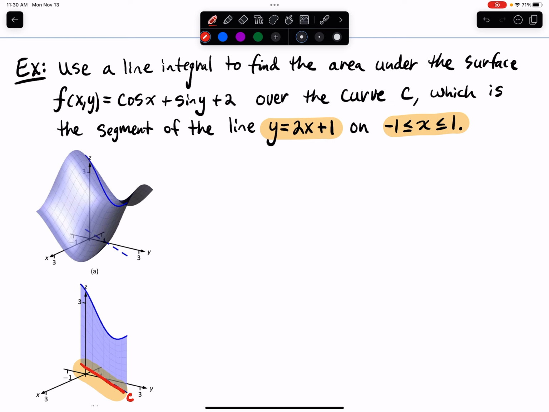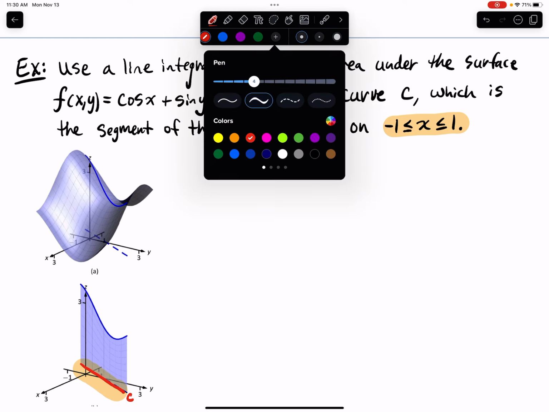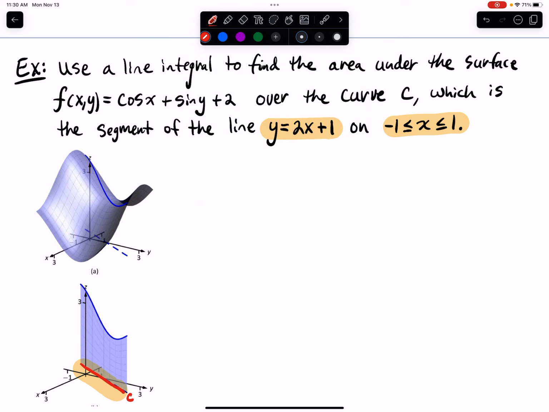So, how are we going to do this? Think back to what our formula said.